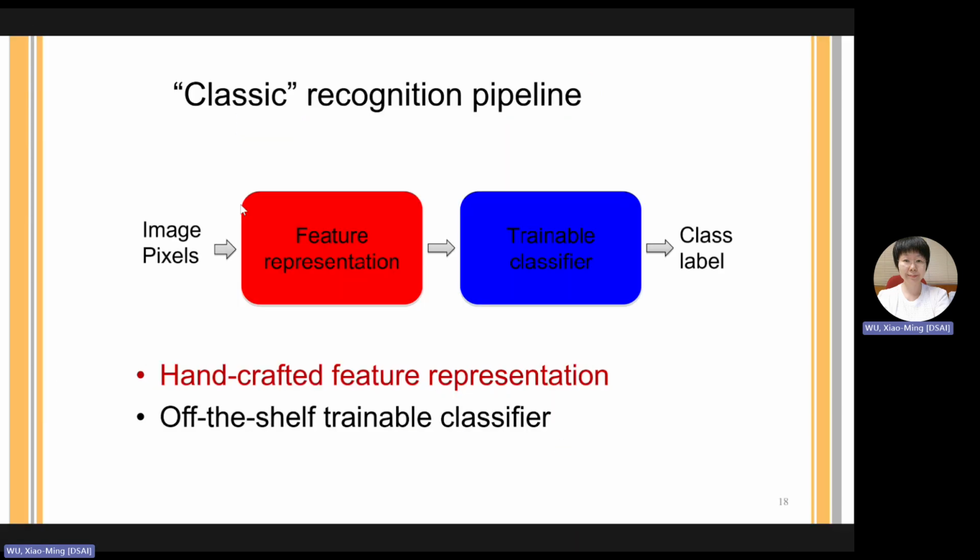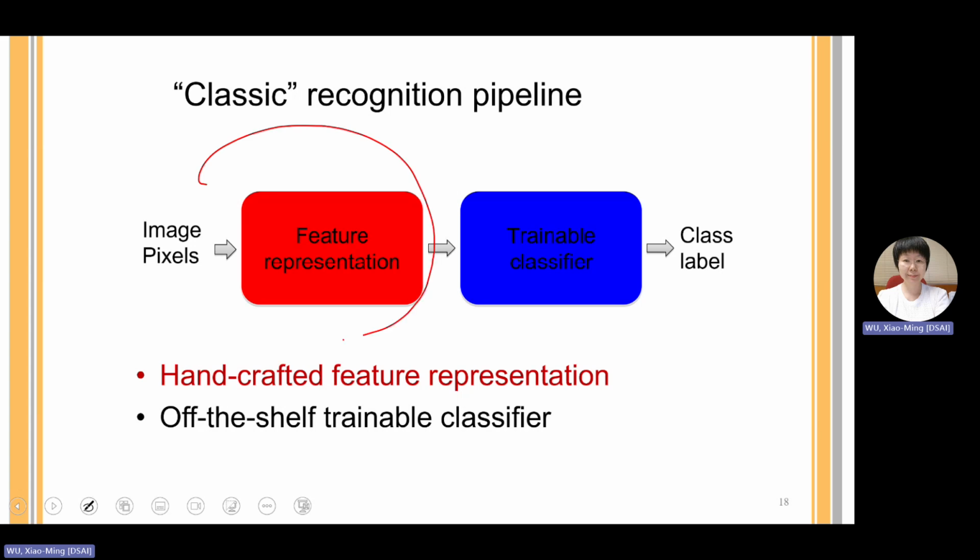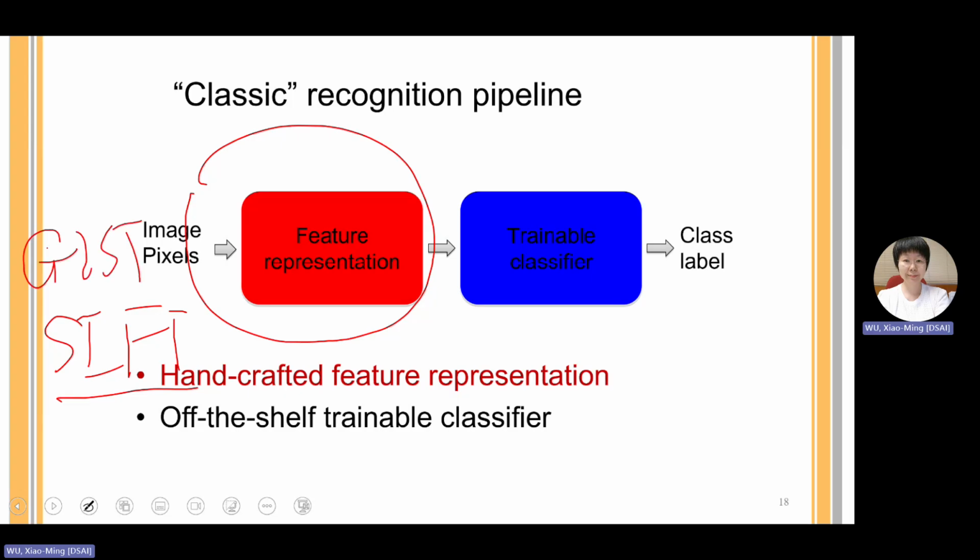So for the statistical learning pipeline, stage 1 is feature representation. As we mentioned earlier, for this step, you can apply the SIFT descriptor or SIFT detector or GIST or many other options. And for trainable classifiers, can you name a few?